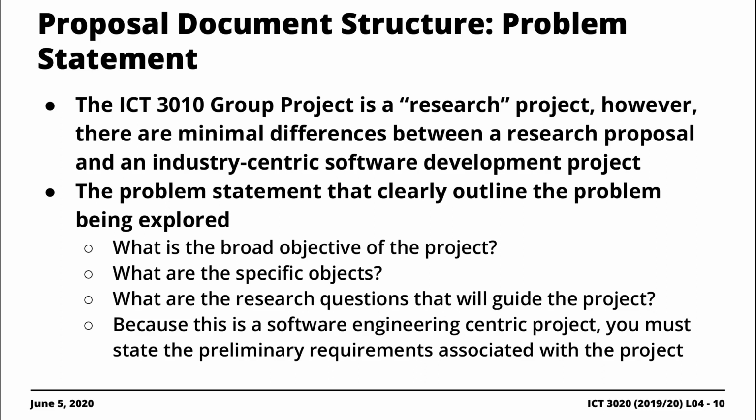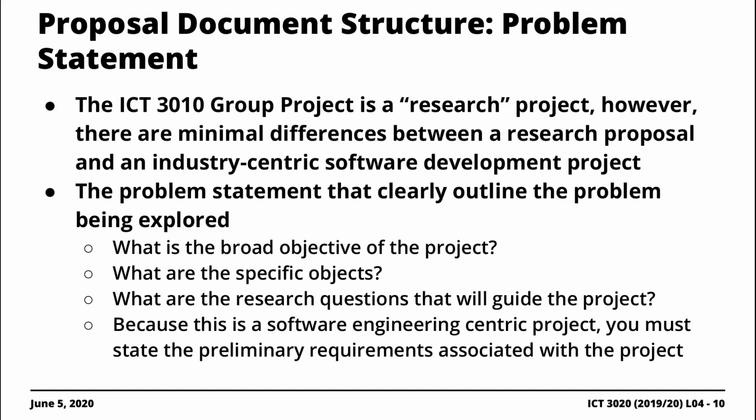And as part of the problem statement section, or subsection, you want to specify or state the high-level objective of what you're doing, right? The broad objective of the project itself. And then from the broad objectives, you carve out specific objectives, right? So smaller objectives that you can easily work towards.